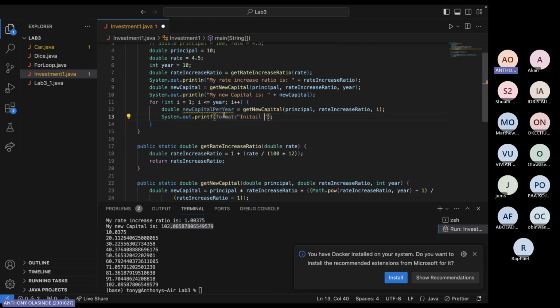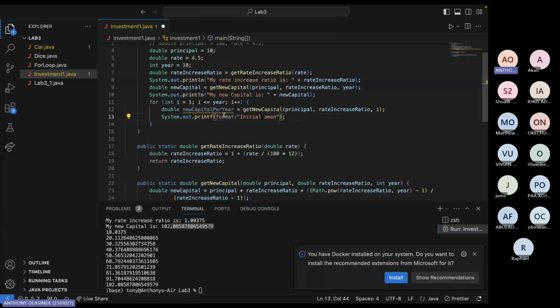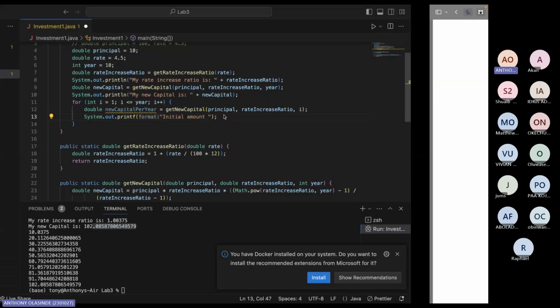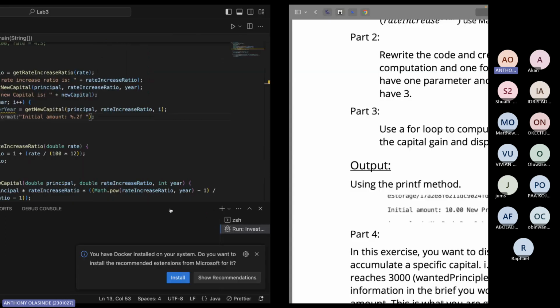Initial amount is something we don't know. We'll just use percent dot. We can see that it's in 2 decimal places, so we'll do .2f. That gives us our initial amount.